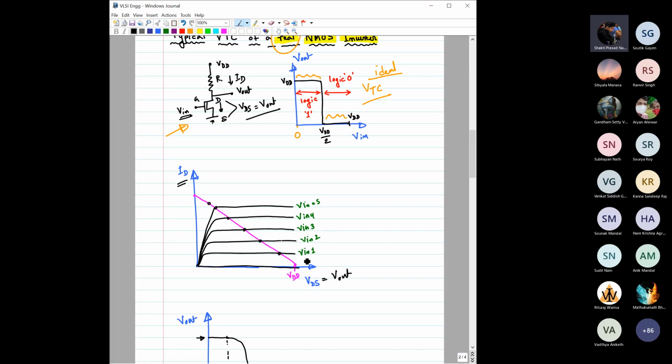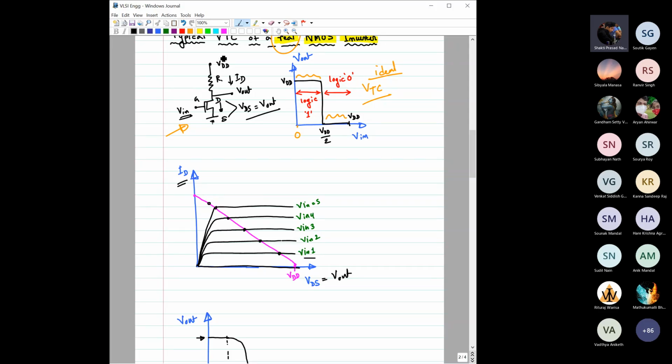Once V in is below the threshold voltage, there is no current. Then I have increased it to V in 1, V in 2, V in 3, and gradually the current increases. Say we have gone up to 5 volt: 1, 2, 3, 4, 5 volt, and the characteristics look something like this.